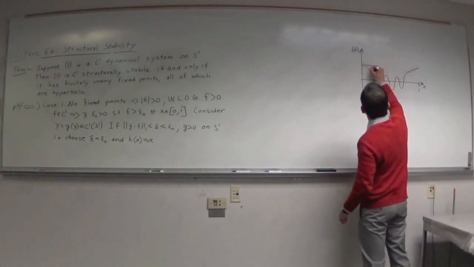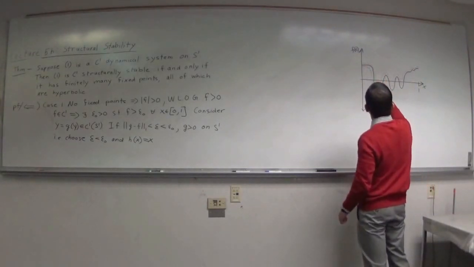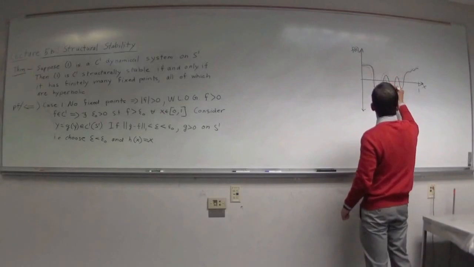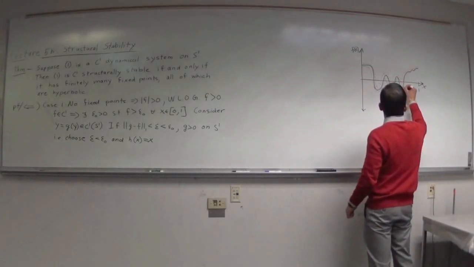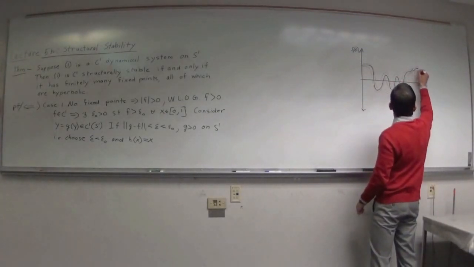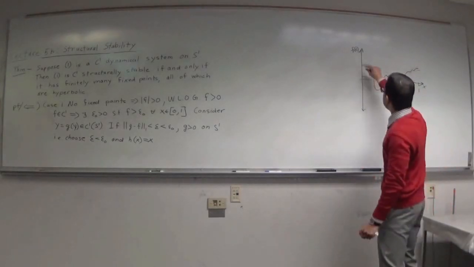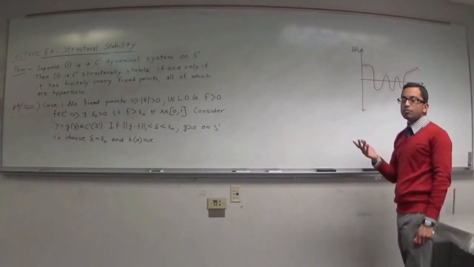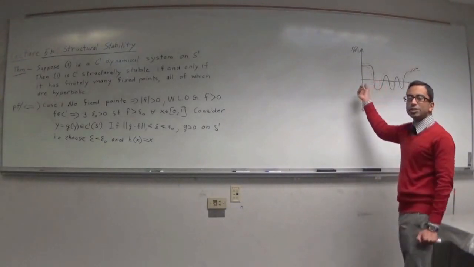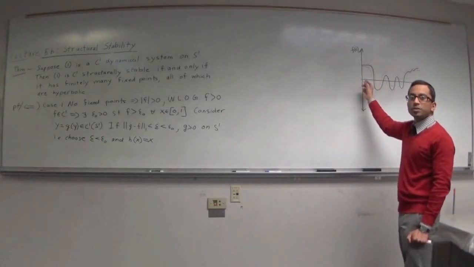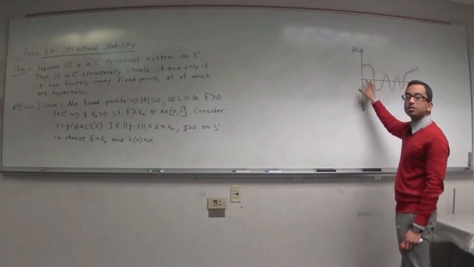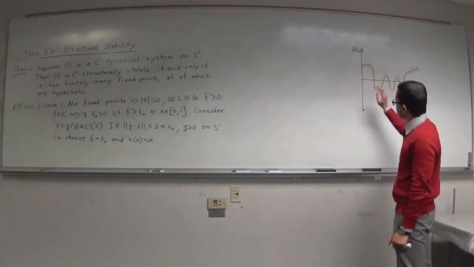Okay, so let's say we're in this little ball. Now we see that if we're in this little ball and we're careful about the derivatives, of course, if the derivative changes, we can add fixed points inside this little region, but we don't want to do that.